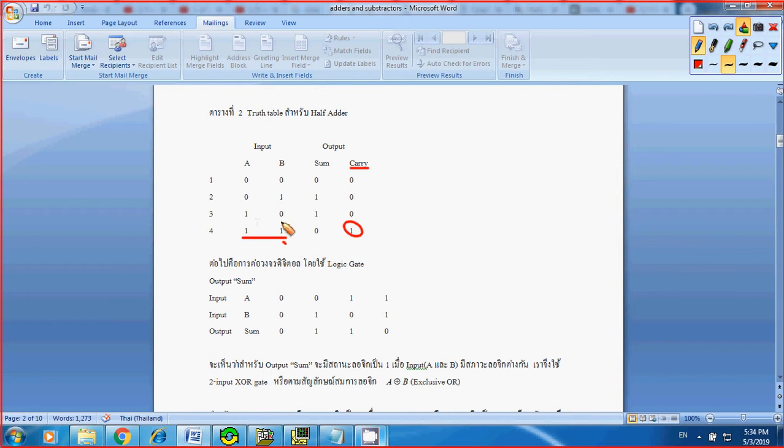Otherwise it's going to be 0. That's different from the OR gate. The OR gate gives output 1 if you have any input of 1, except when both inputs are 0 and 0, which gives your output 0.